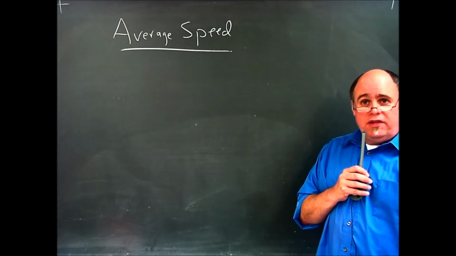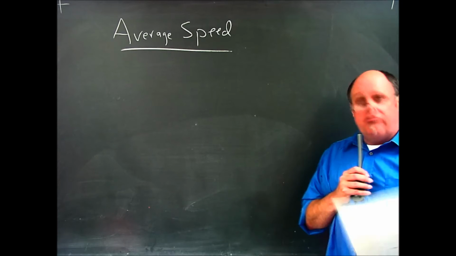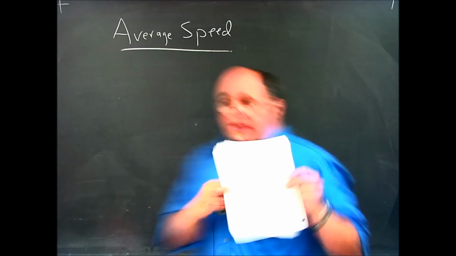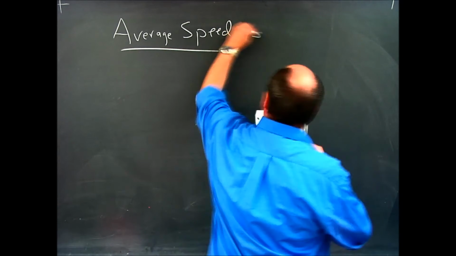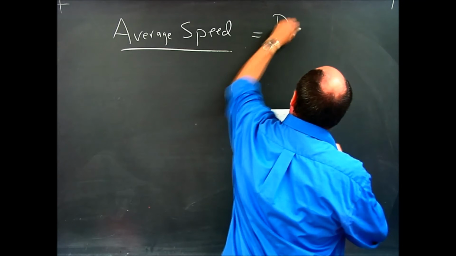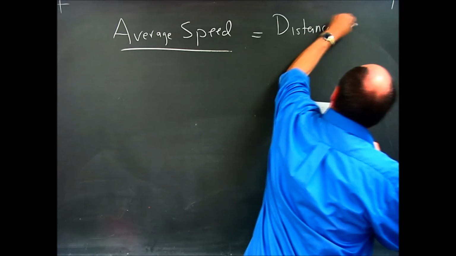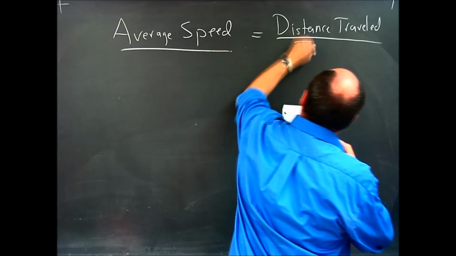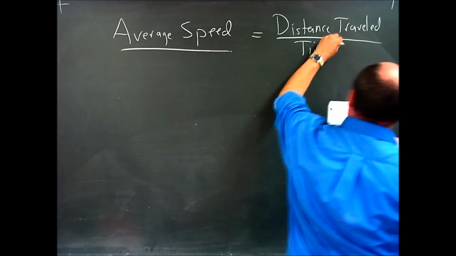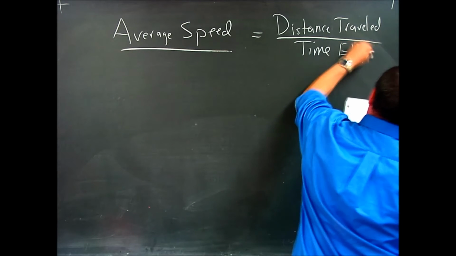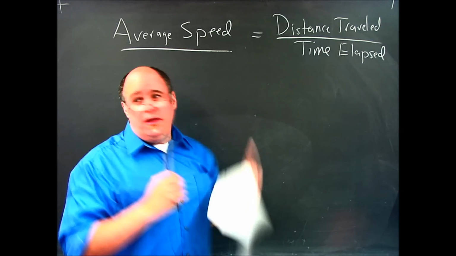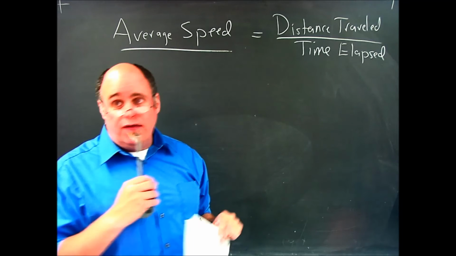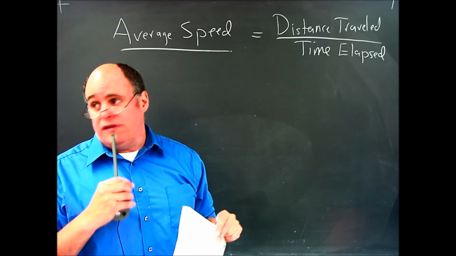Your average speed is defined as the distance that you travel through divided by the time that is passing as you travel. So when I write average speed, it's defined as the distance your car is going to move through, the distance the object is going to move through, divided by the time that has passed, the time that's elapsed.